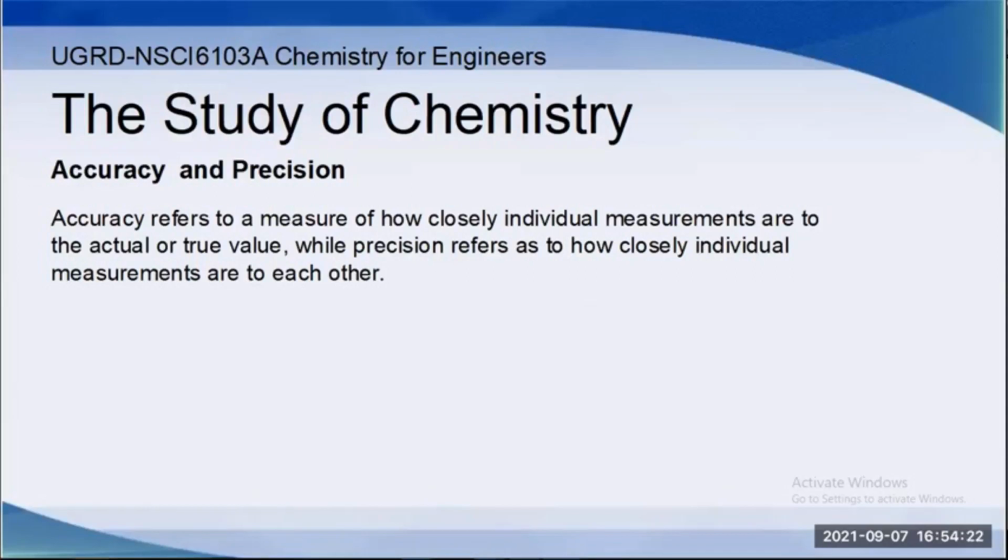In other words, accuracy is the correctness. How correct? That is accuracy. Precision refers to consistency, if the values are consistent or are close to each other.